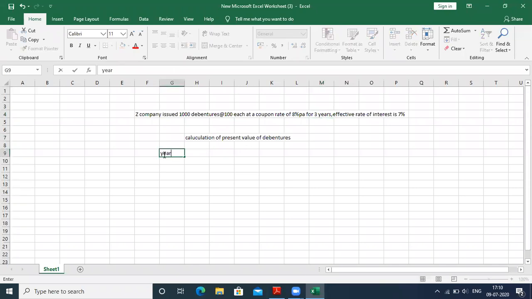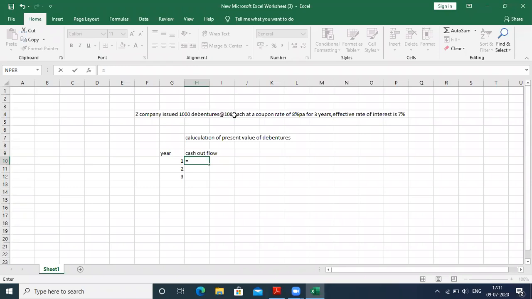Just consider here year and cash outflow. Just take cash outflow. In this cash outflow, every year we are paying a coupon rate of 8%, and the total value of the debenture is 1000 into 100.